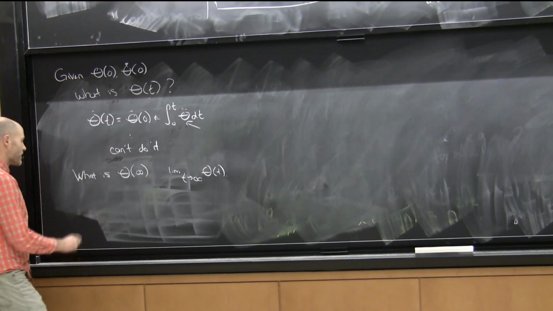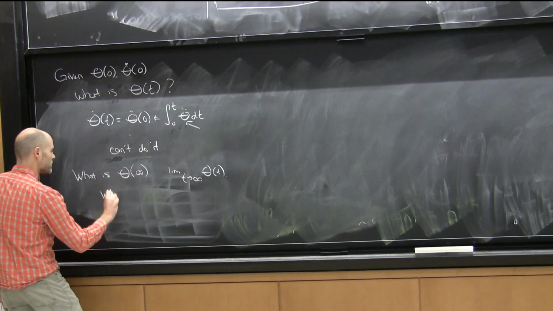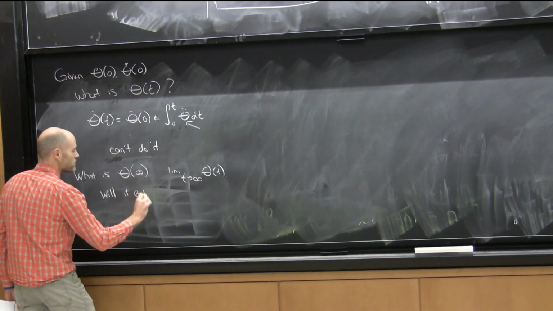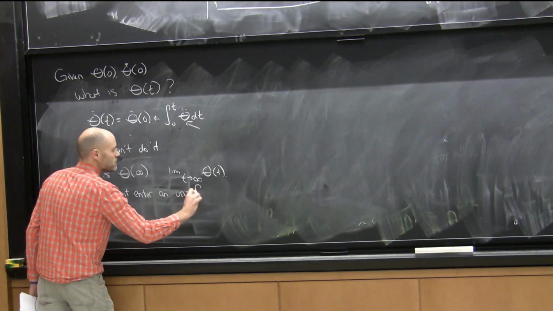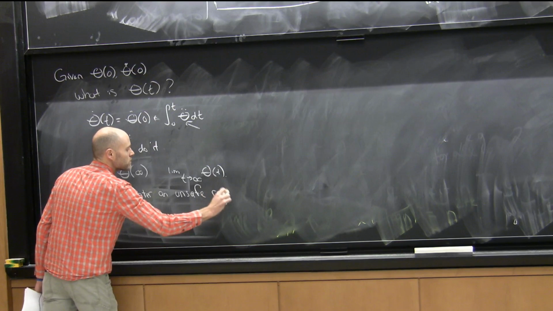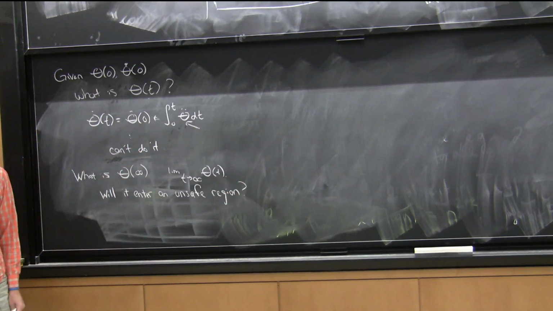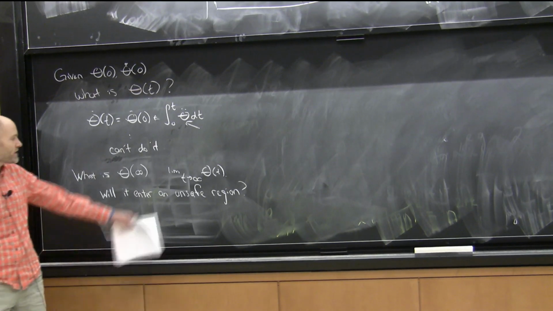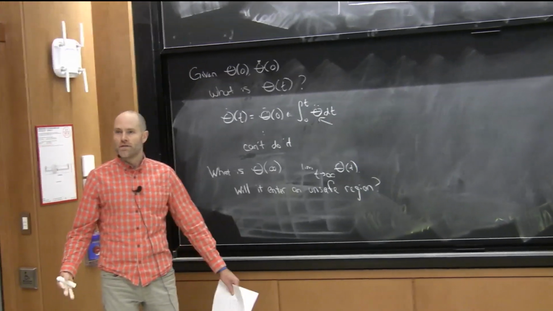Will it ever enter a safe set or a bad set? For instance, just to get you thinking, how could I say something like that about the pendulum without knowing how to solve the differential equation?